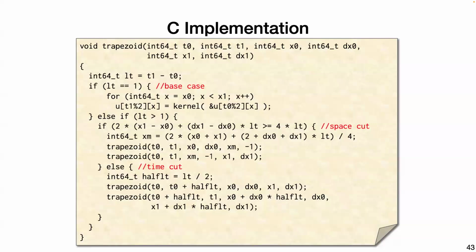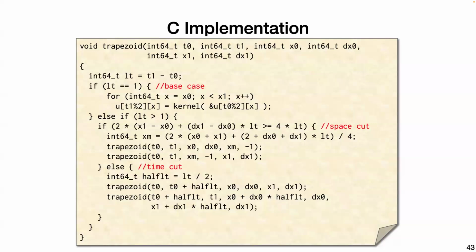This is T0 plus half the height, going up to T1, which is your initial top height. The reason that these x's have changed is that this is the top half of the problem, so you need to compute the new base. Again, this is when it was tall, and this is when it's wide.